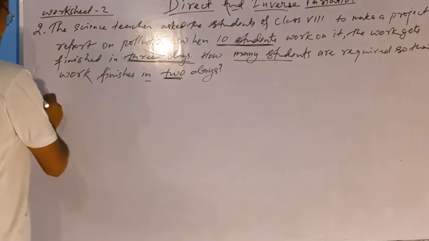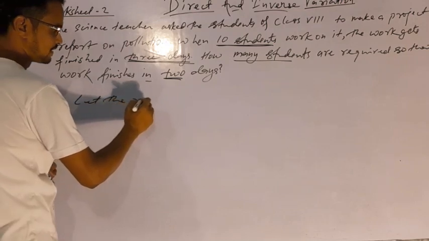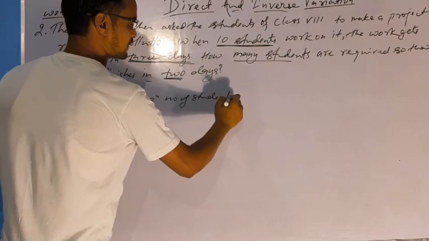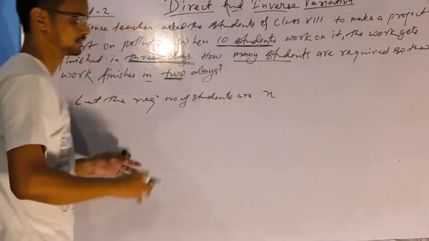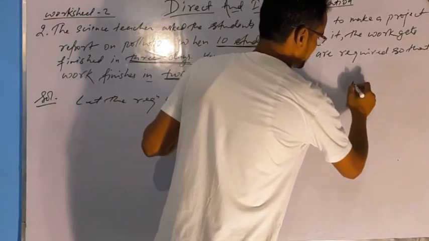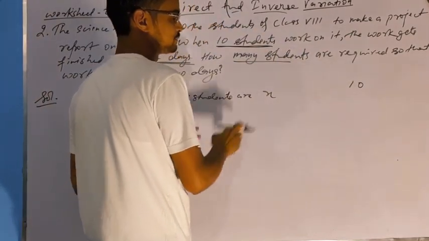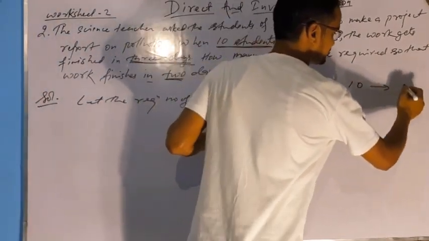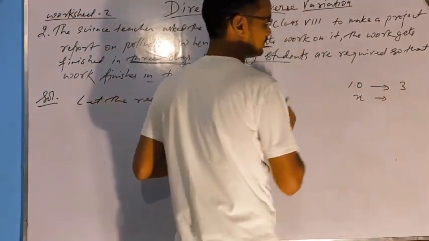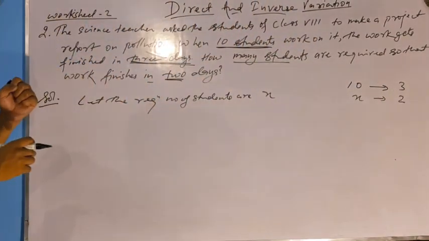In the solution part we will write, let the required number of students be x. Now firstly we will do some rough work, just to understand. When 10 students are involved in this project report, the work finishes in 3 days. When x students are involved, then it will be completed in 2 days.